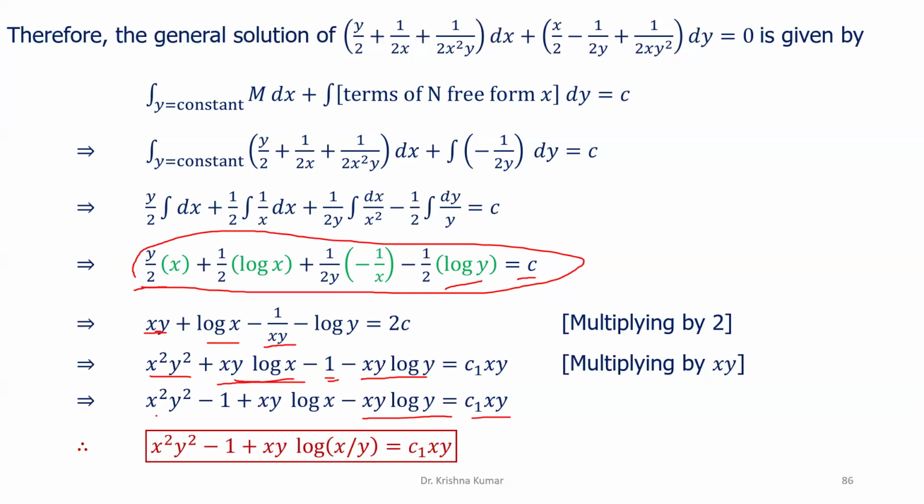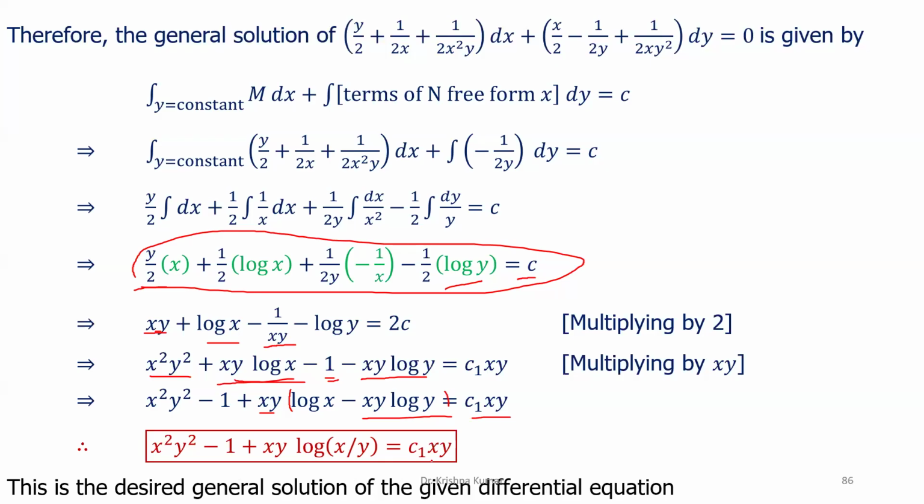So therefore, x square y square minus 1, and we can take xy outside. So log x minus log y is nothing but log of x by y, which is equal to c1 of xy. And this is the desired general solution of the given differential equation.